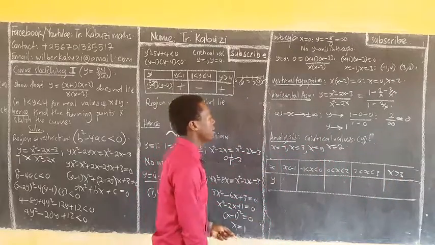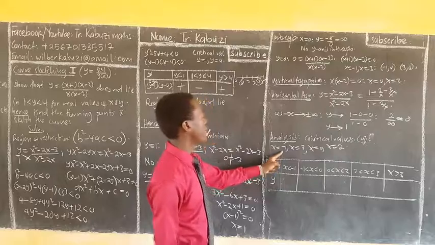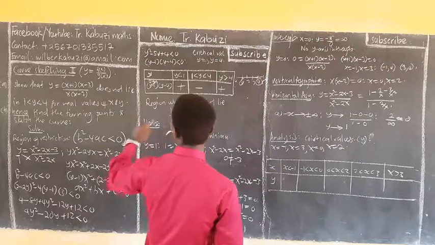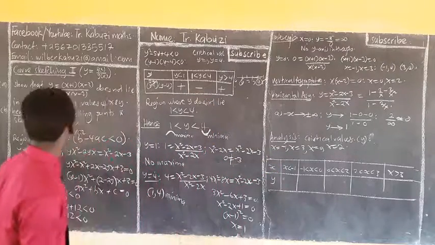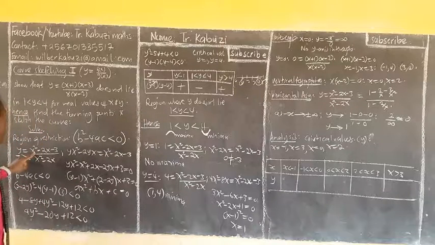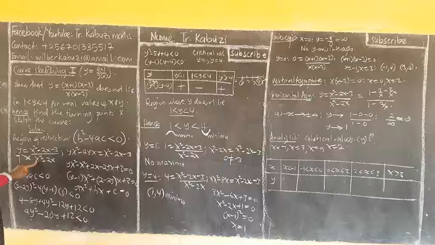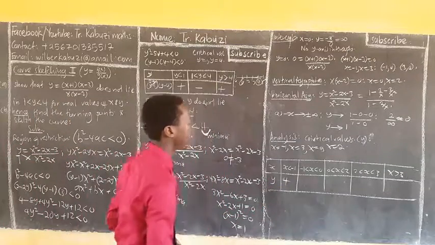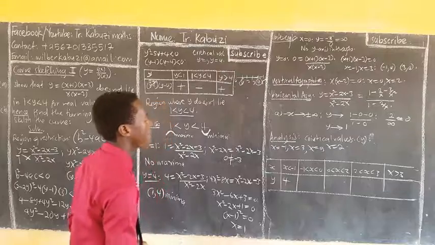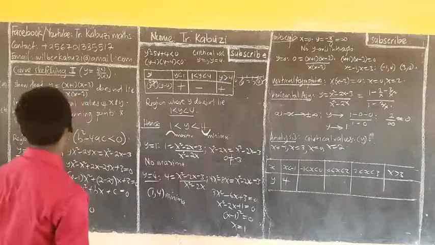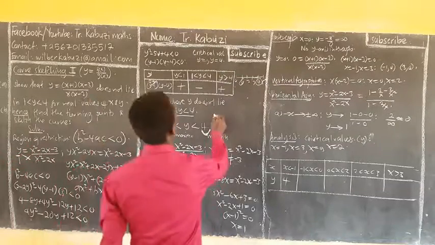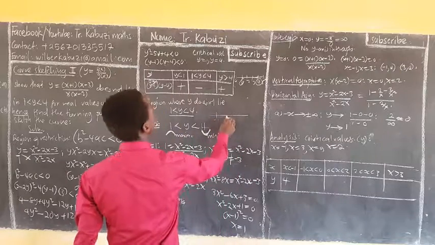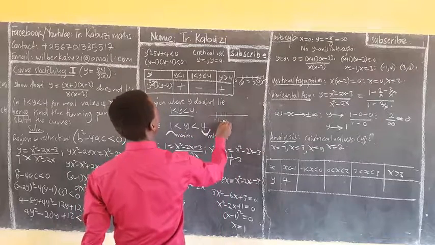Below negative 1 you have negative 2. When you put here negative 2, you have a positive. So up you have a positive, when you put negative 2, you have also a positive. Positive, you have a positive. Between negative 1 and 0, there is negative 0.5.